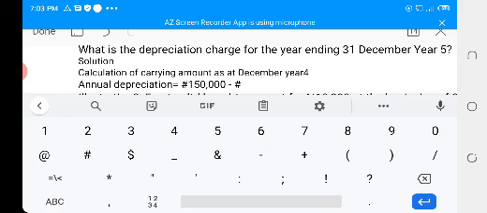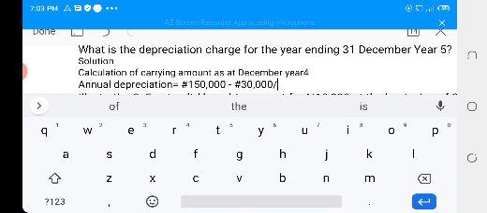So the cost minus the residual value, which is 30,000, divided by 10 years.